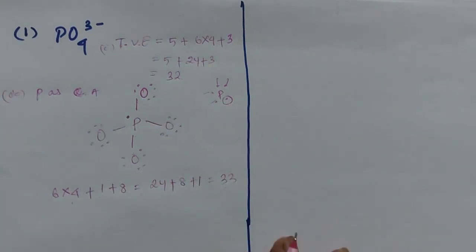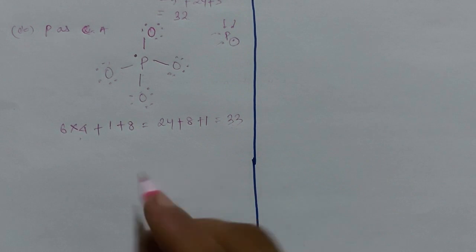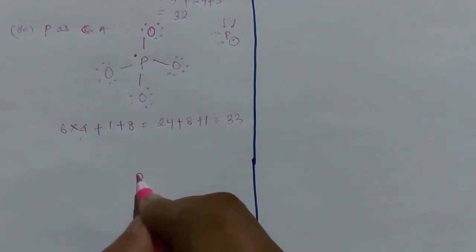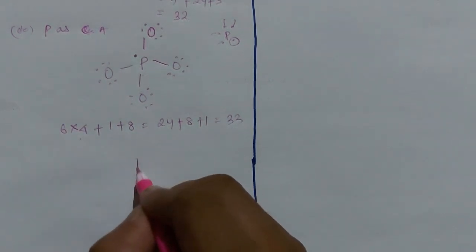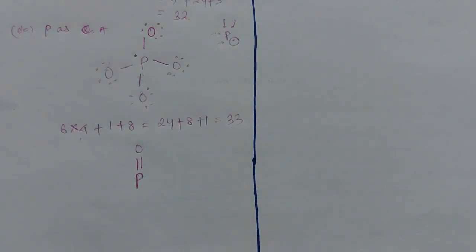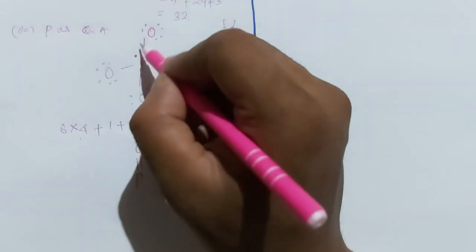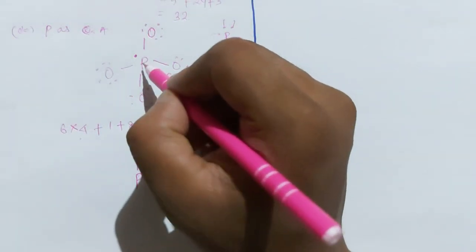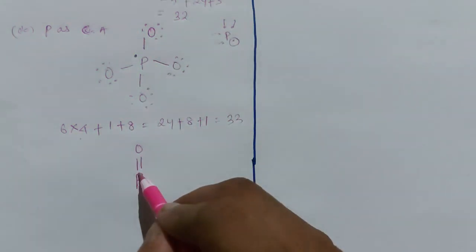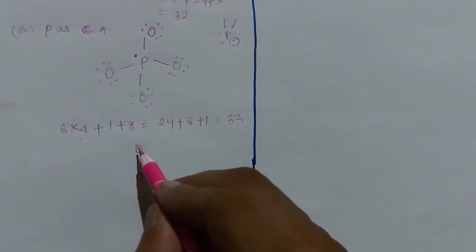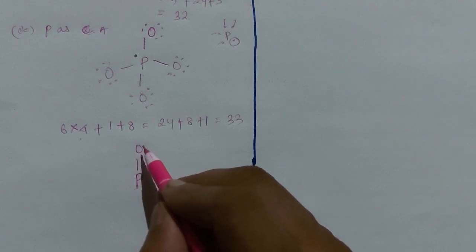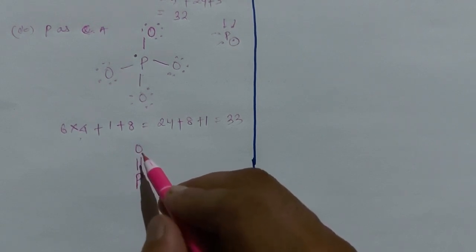So we will draw the new structure. Here we will add one bond between phosphorus and oxygen, so it will make a double bond. Oxygen has a maximum of 2 bonds.